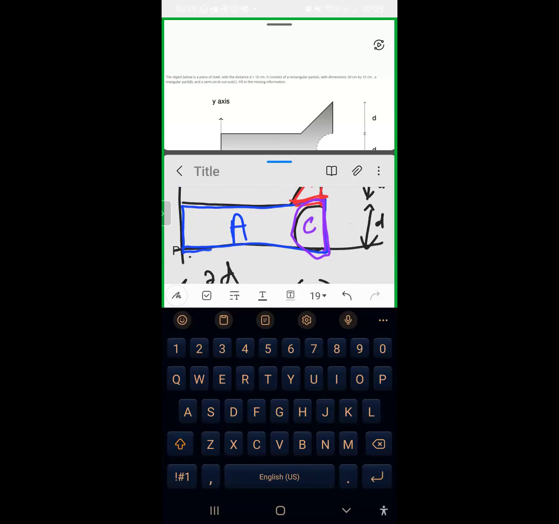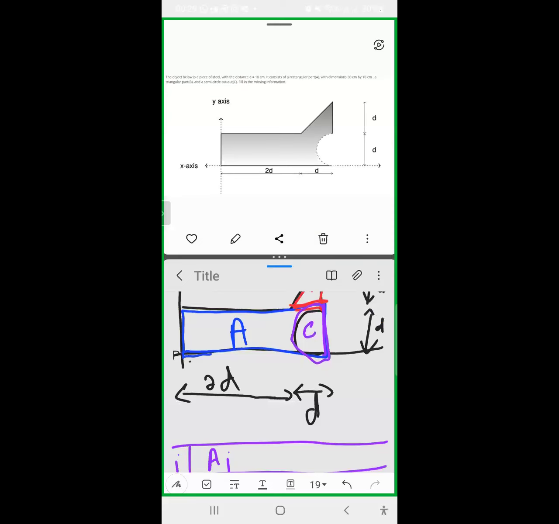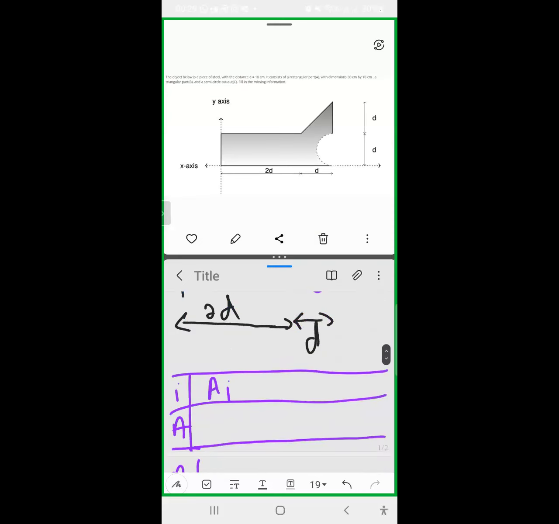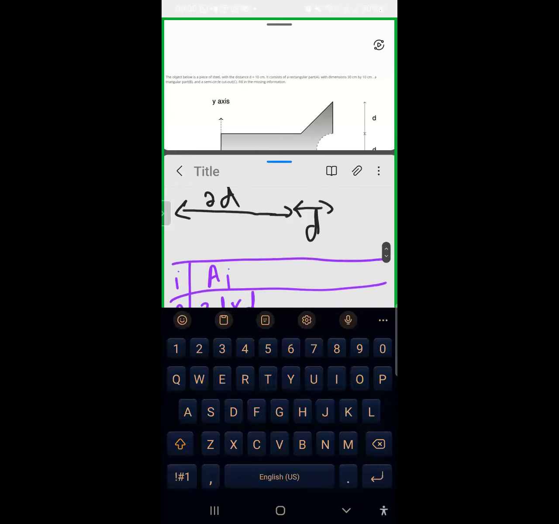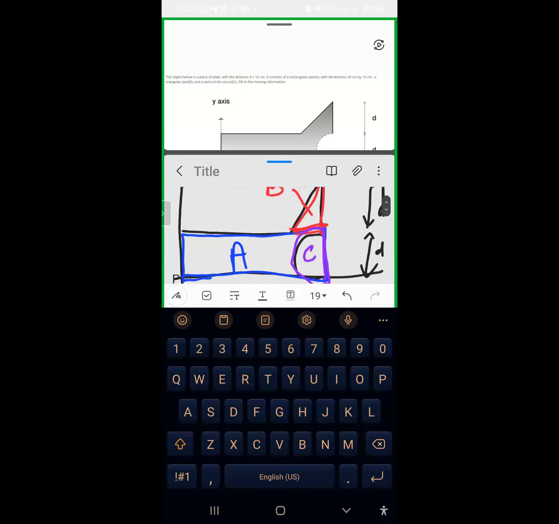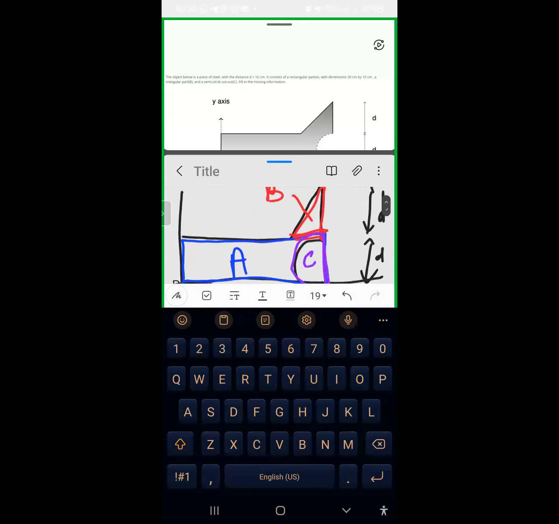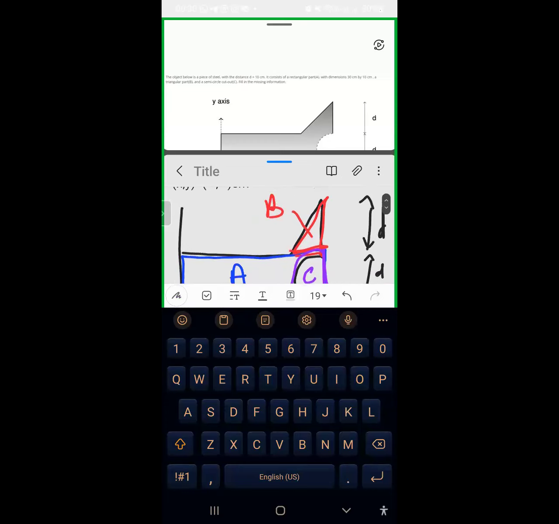Therefore, the area for the shape will be 3D, since 2D plus D is 3D, and then we multiply this by D. And then we have a right angle triangle, that is the part B. We know that the area of a right angle triangle is half base times height.